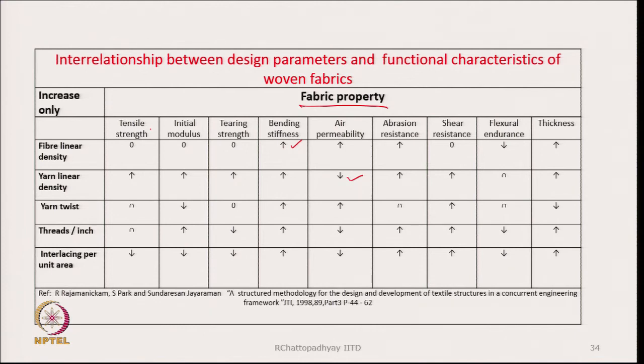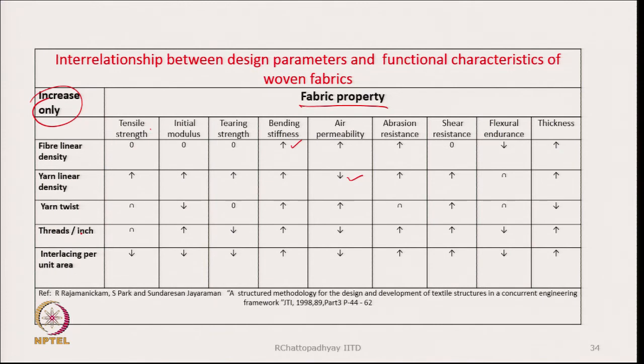So, this is also a kind of representation of relating fabric property with relevant parameters, not only giving a list, but the upward and downward arrows indicate whether the property is going to rise or decrease if we increase these parameters.